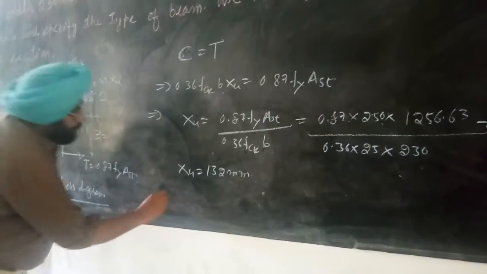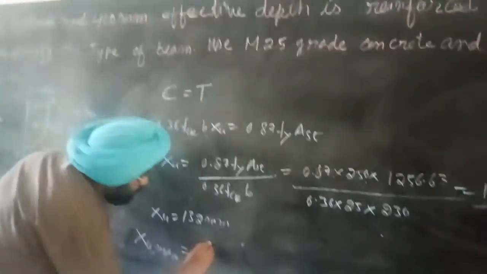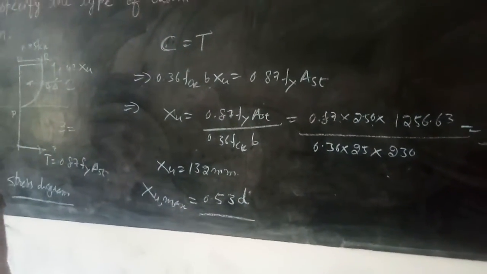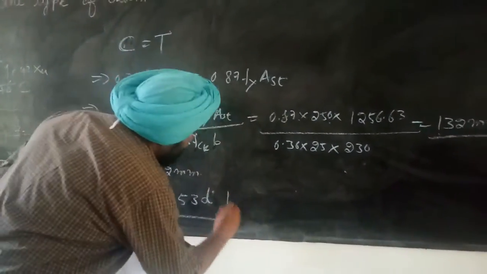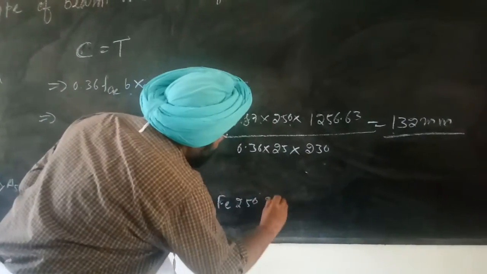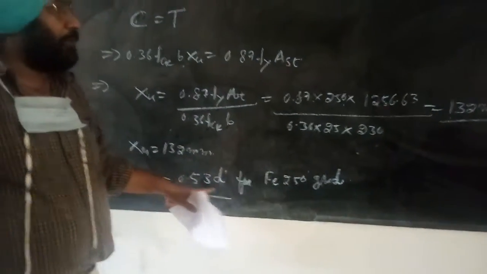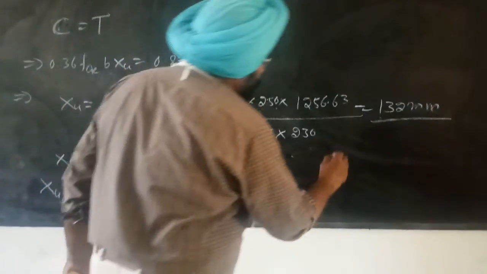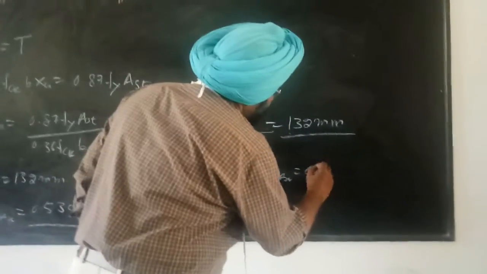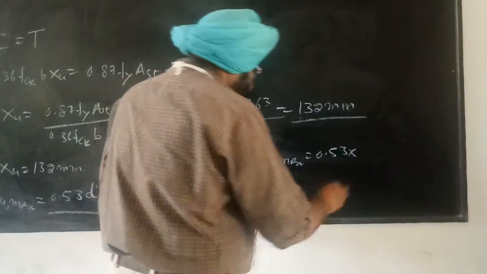Then the maximum depth of the neutral axis. xu max, the maximum depth of the neutral axis, is equal to 0.53 d for Fe250 grade mild steel. So xu max is equal to 0.53, and the value of d is 460 mm.